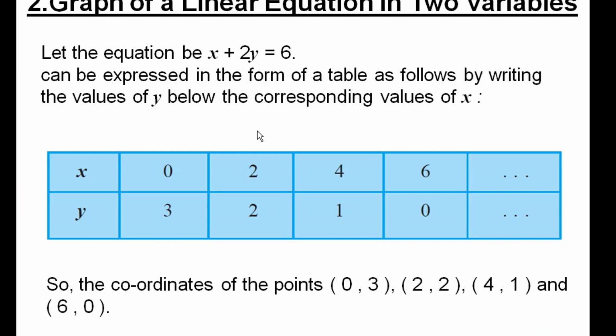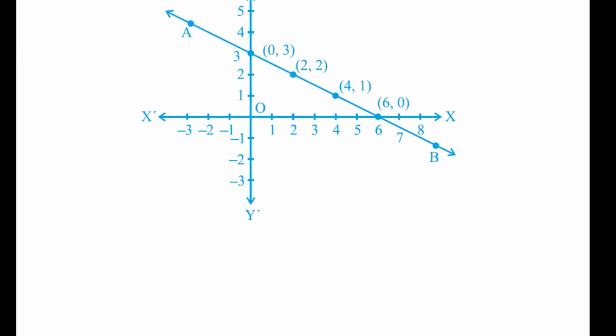Okay children, see the graph of these points when we plot them on the graph. So this is the x-axis, this is the y-axis, and these are the points we have taken. (0, 3) is the first point. On the x-axis is 2, on the y-axis is 2, so this is (2, 2).